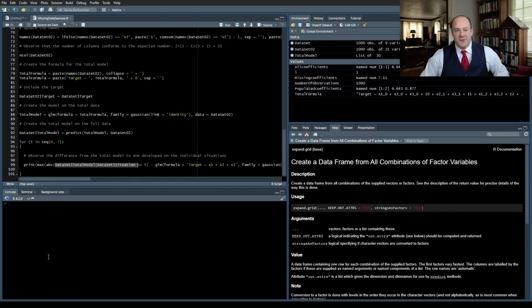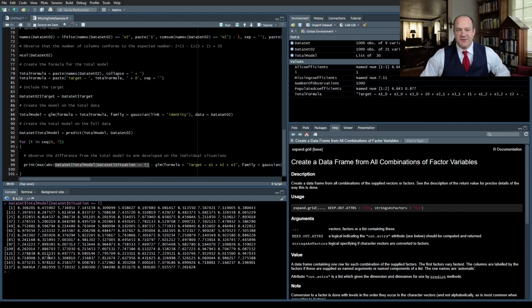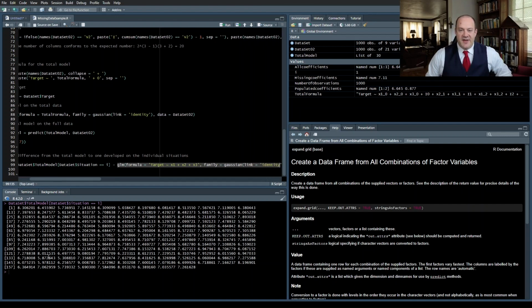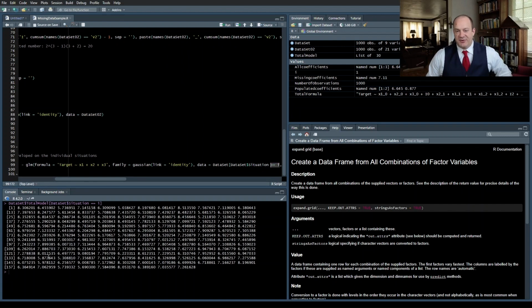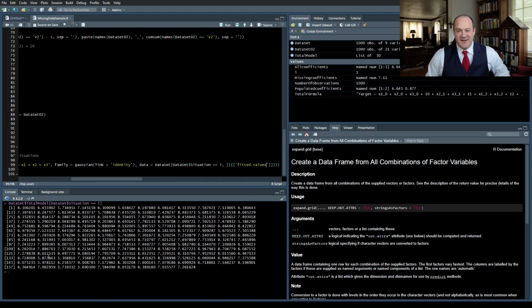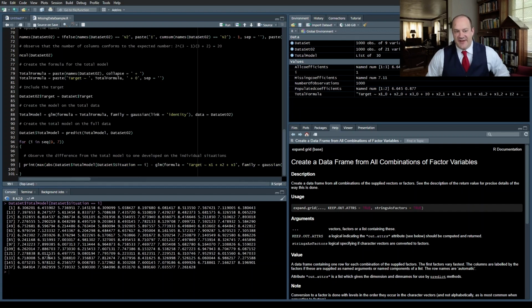What we're going to do is look at the predictions, but only for each of the different situations. And we are going to compare that with what comes out of a GLM when you regress against all those guys, where the situation is built precisely on the data for that particular situation, and then look at the fitted values that come out of that.